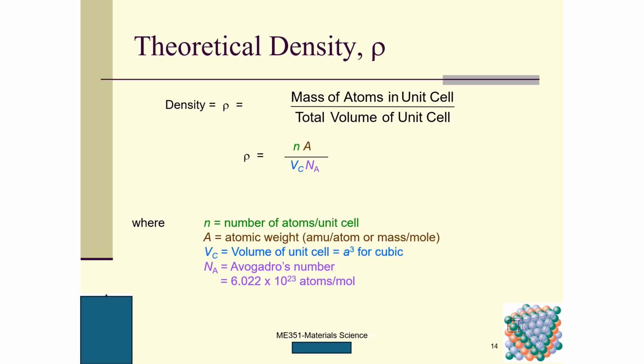And N_A here is Avogadro's number, a very huge number, 6.022 multiplied by 10 to the power 23. It means the number of atoms per mole.